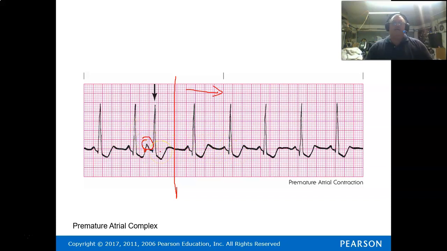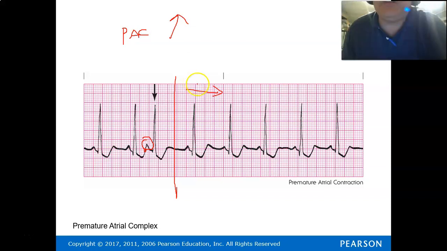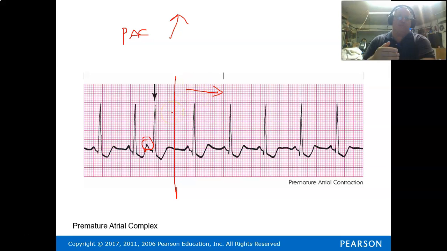Now the good thing is, by the way, with PACs, guys, the P wave is usually upright. And this is a good thing to remember, especially when we start talking about the premature junctional contraction. Remember, even though it's a premature atrial contraction, the signal is still going negative to positive, right?